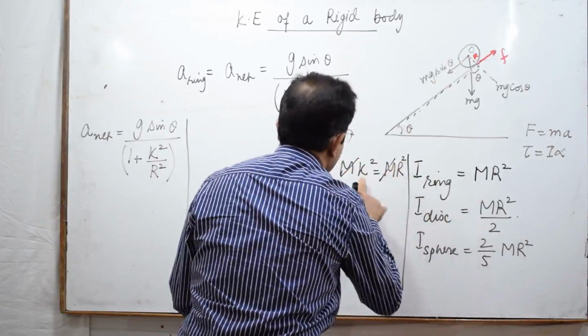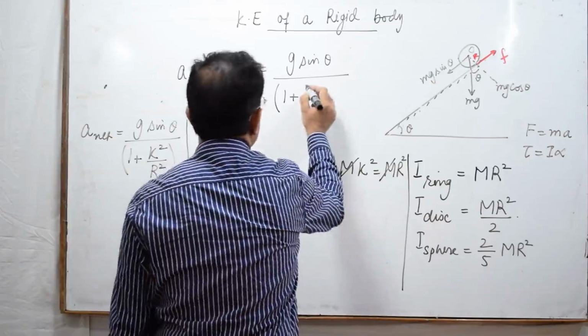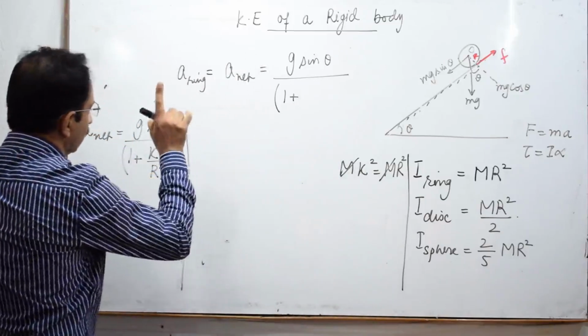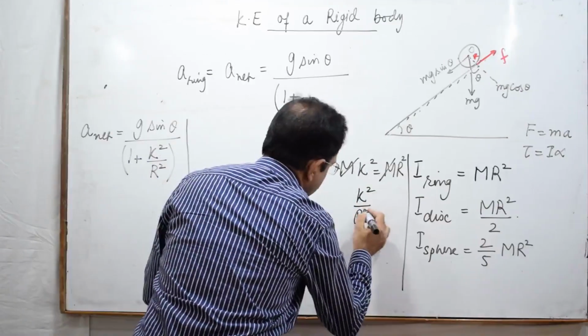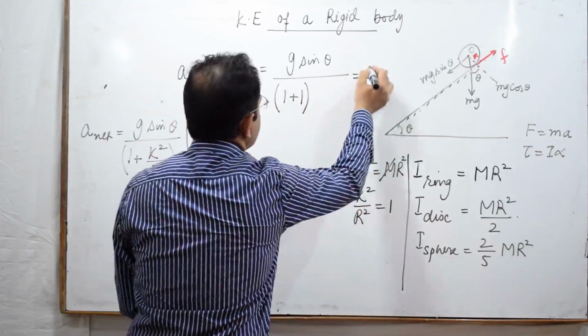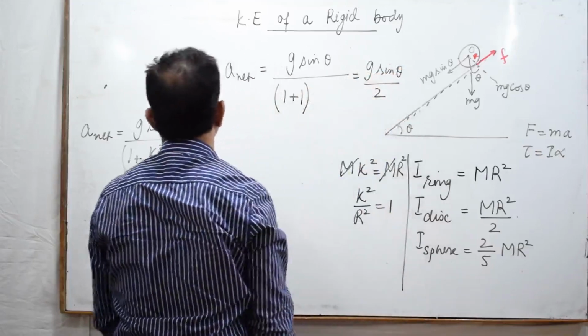M and m will get cancelled. K square is equal to r square for this. So you will see that the ratio k square and r square for a ring will be equal to 1, because k square by r square becomes equal to 1. So this will be 1. So your answer will be g sin theta divided by 2 for a ring.